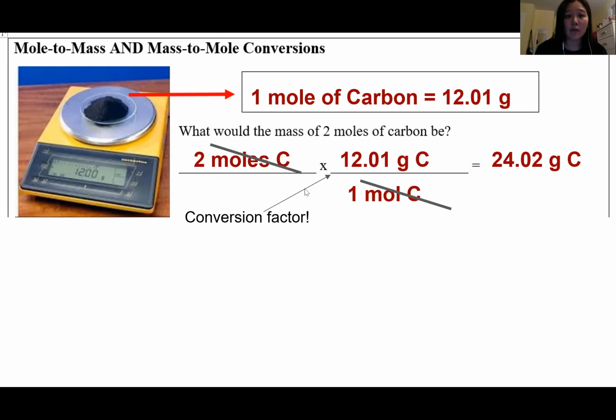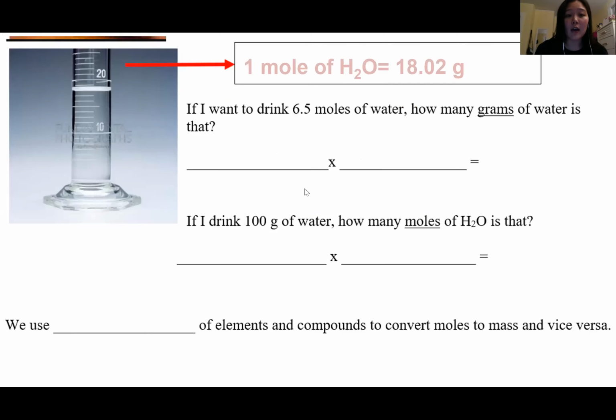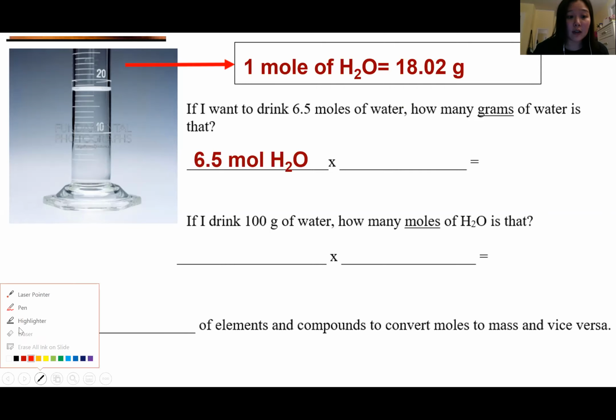Let's try another problem. So here I have water, and we know that 1 mole of water, H2O, is 18.02 grams. So if I want to drink 6.5 moles of water, how many grams of water is that? I'm going to start with my given value. You see how 6.5 is the given value of the problem, right?